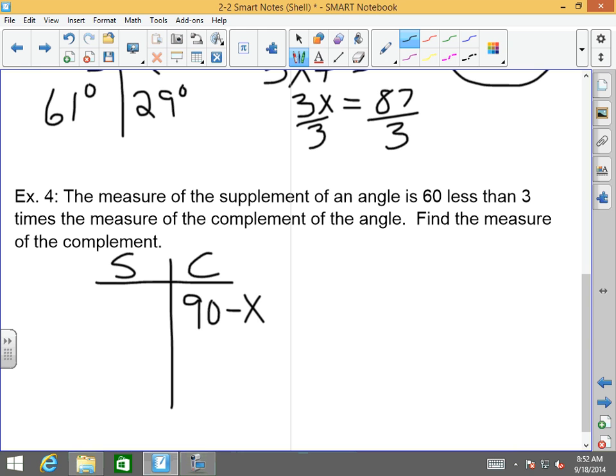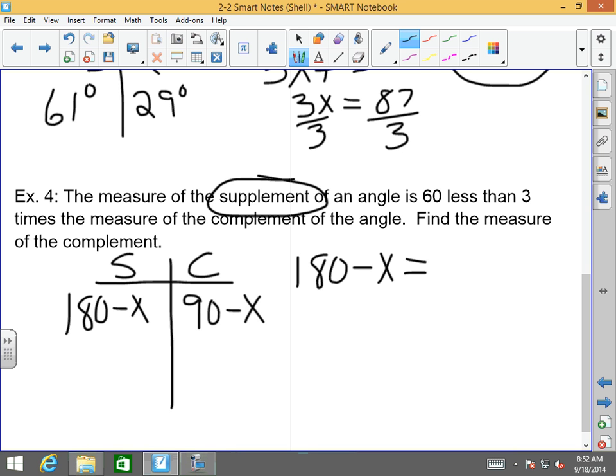Well, we know that the supplement has to be 180 minus x, right? So in this particular case, they tell me that the supplement, which we know is 180 minus x, equals 60 less than 3 times the measure of the complement. So 3 times the complement minus 60.